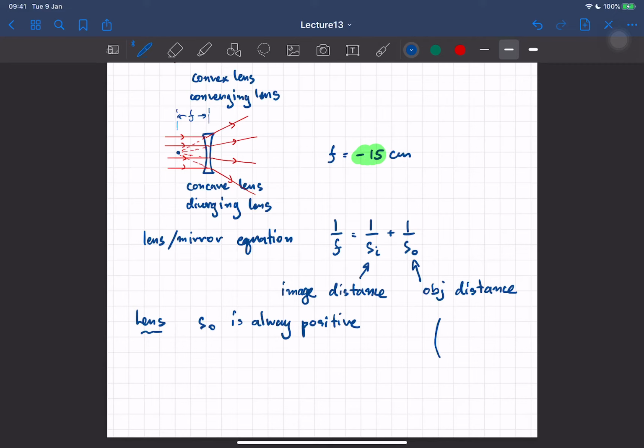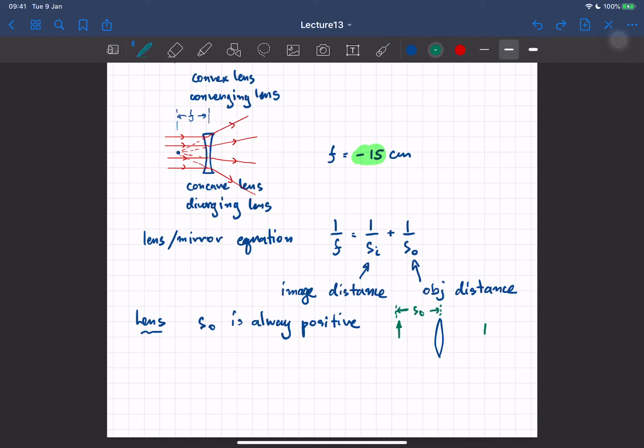So what I mean is that if I have a lens and I have an object here, maybe a pencil or a tree, SO is just the distance from the object to the lens. Again, it doesn't matter if you put it on the left-hand side or the right-hand side of the lens. SO will be measured like this. Okay?